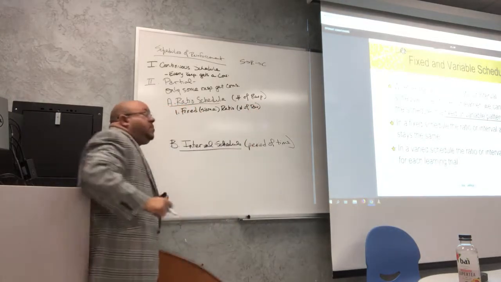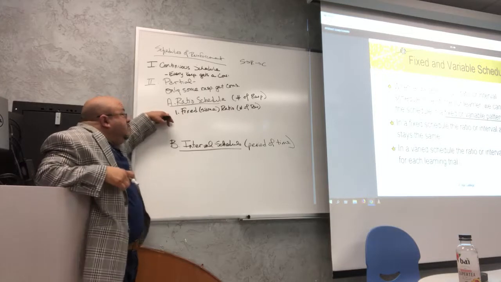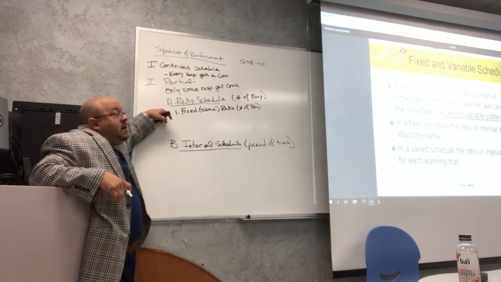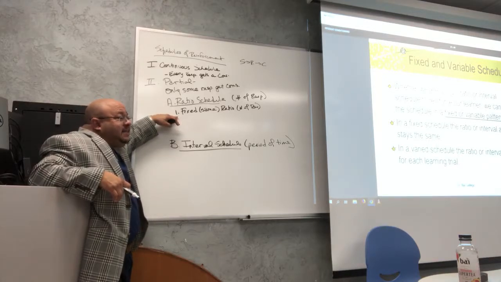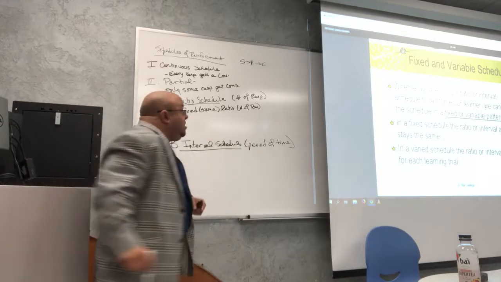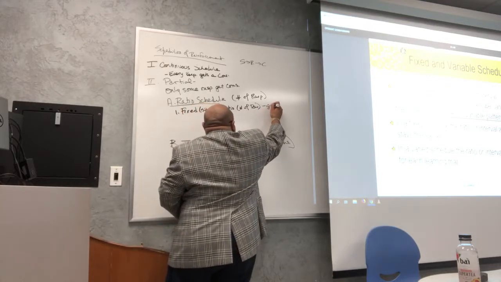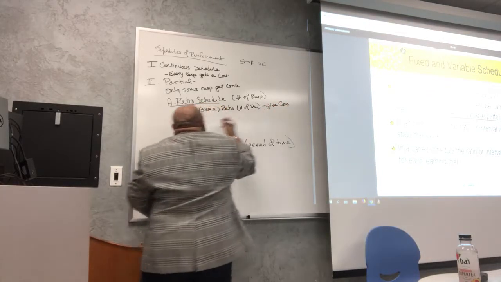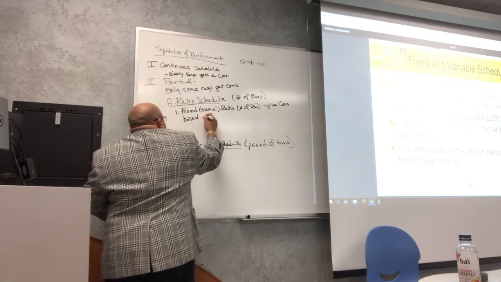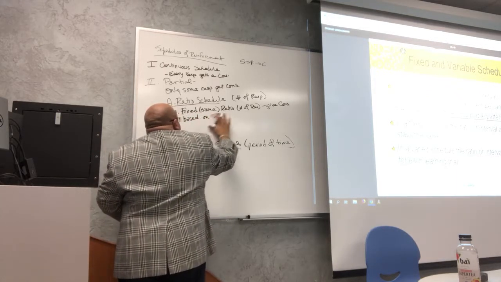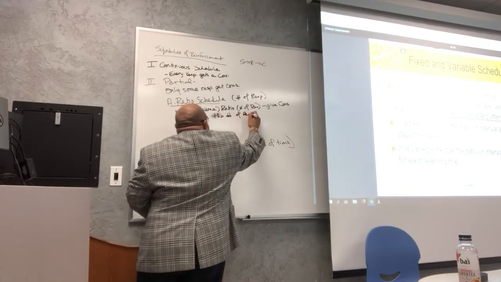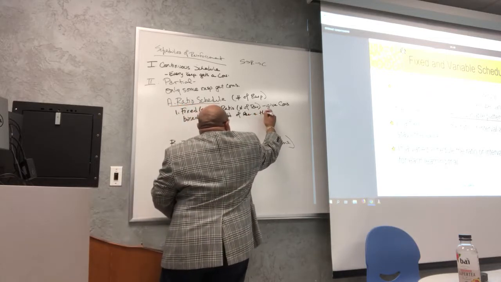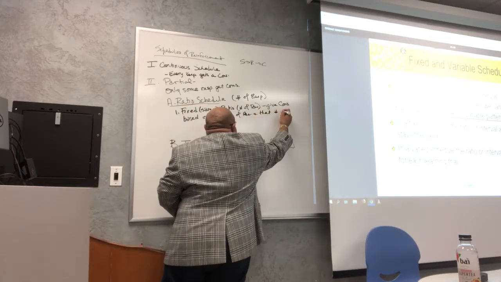So here, I'm going to give my learner a consequence or a reward for a certain number of responses, and that number is always going to stay the same. You understand? Okay, so I'm gonna give a consequence based on the number of responses, sorry. And that number is going to stay the same.